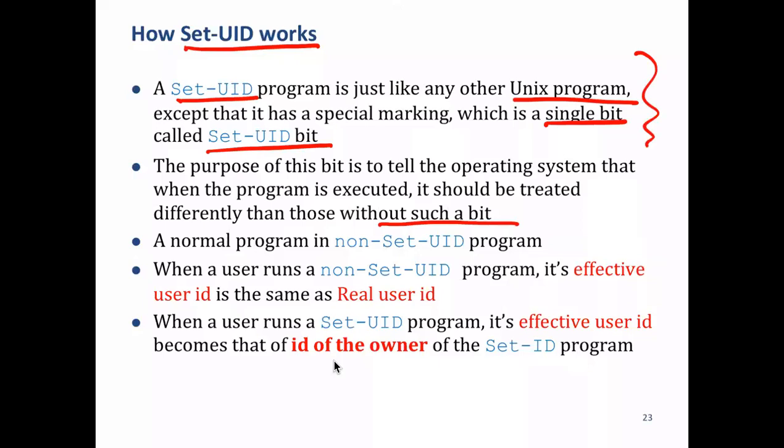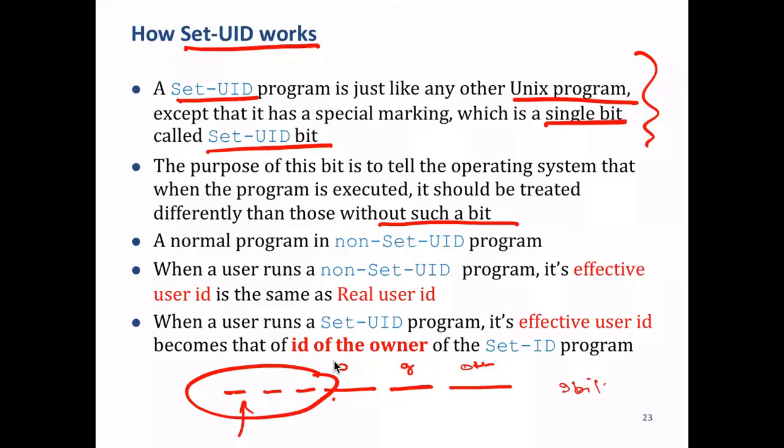Okay, so now remember some time back we have seen that every object or file or program has 9 bits, corresponding to owner, group, and other. And apart from that, there are 3 more bits. One of these 3 bits is called the set user ID bit. Now, if this bit is set, then this program, when it executes, has different rights, and we'll see what those rights are.